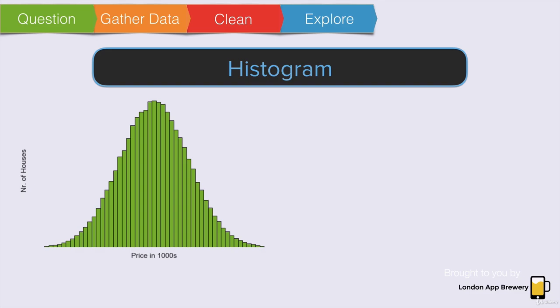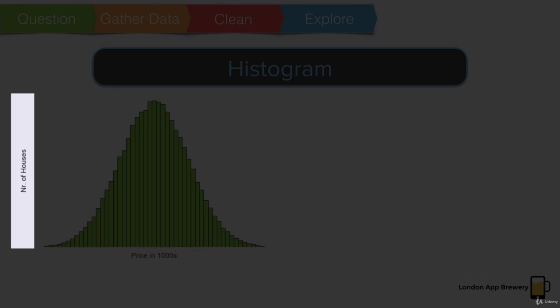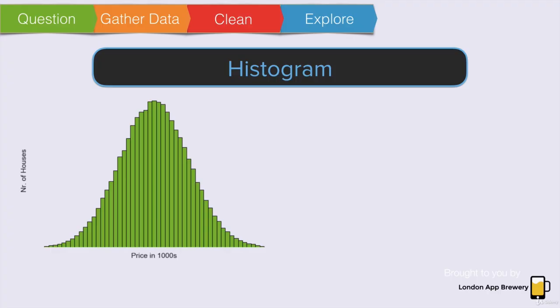In this green histogram, we've got the values on the x-axis and the number of occurrences on the y-axis. The taller an individual bar, the more occurrences there are in the dataset. And by plotting all the bars next to each other, we get a certain shape. That shape is the distribution of our data.